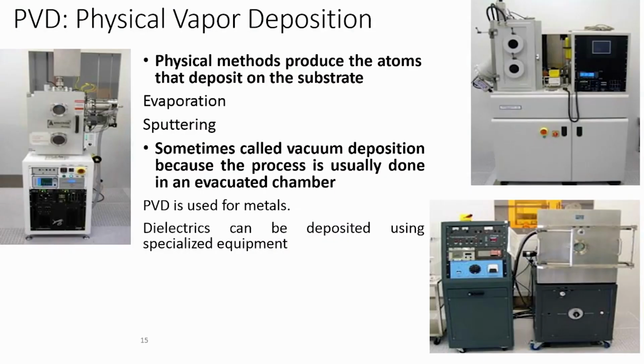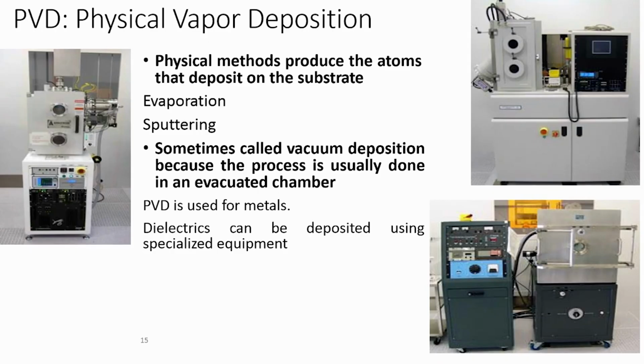If you see the screen, in physical vapor deposition, the physical methods produce the atoms that deposit on the substrate. There are two techniques: the first one is evaporation, the second one is sputtering.